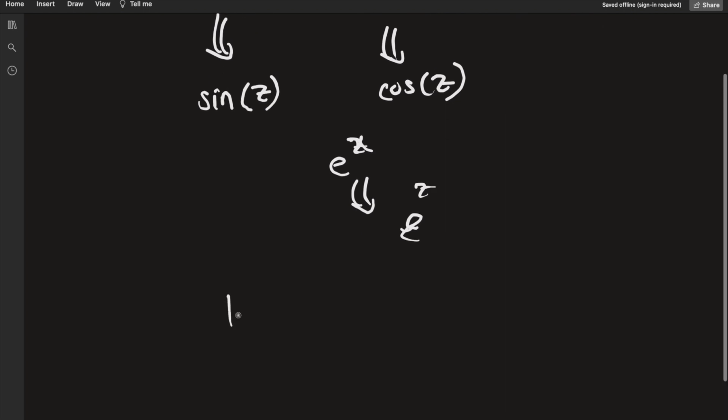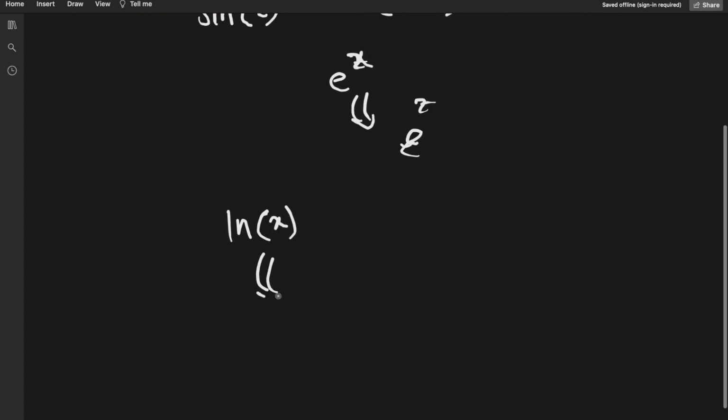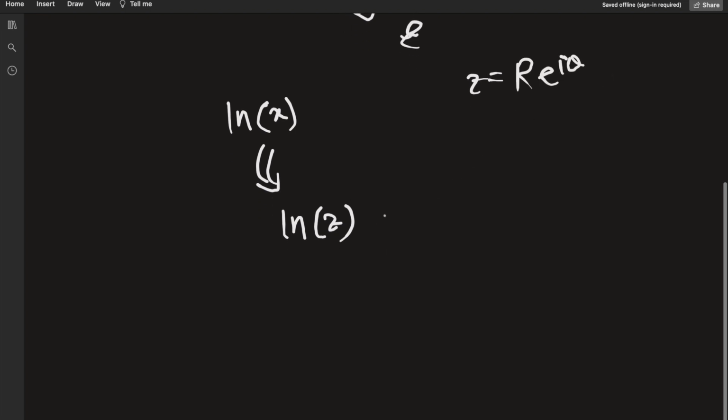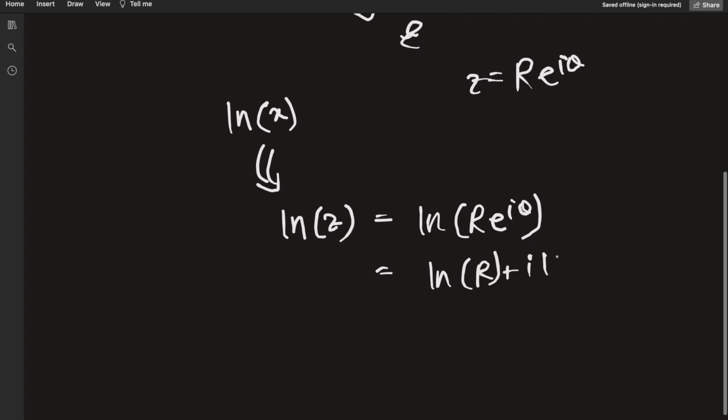But natural logs, for example, when you extend it out, you'll have to use the polar representation, r times e to the i theta, which becomes natural log of r plus i times theta.